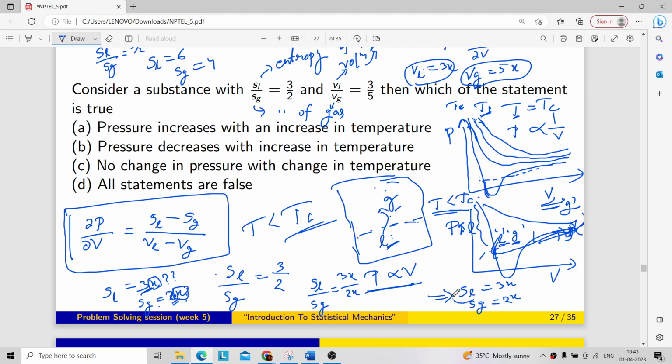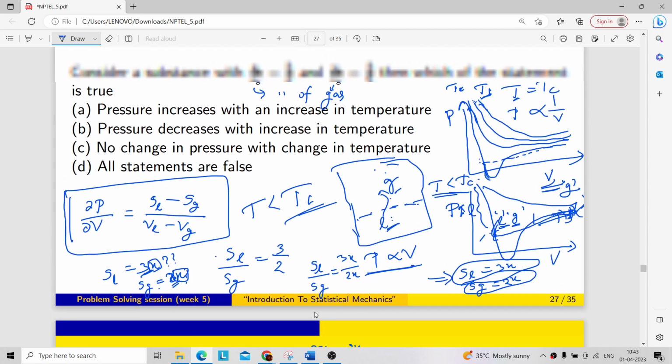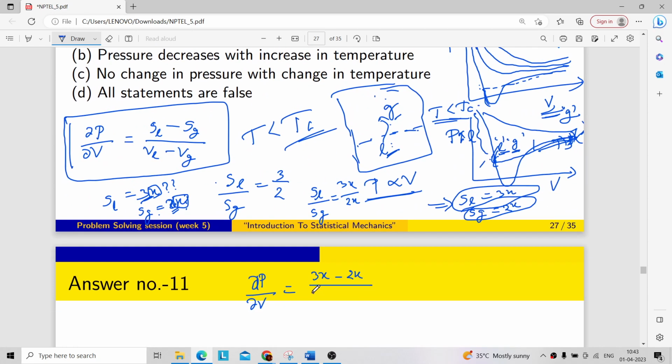We have del P over del G as SL minus SG, so 3x minus 2x, divided by VL minus VG, 3x minus 5x. So how much will I have? x over minus 2x. So it's minus 1 over 2.